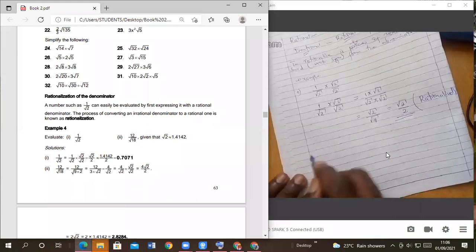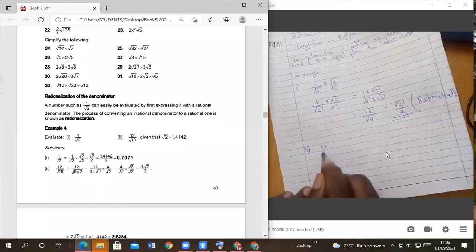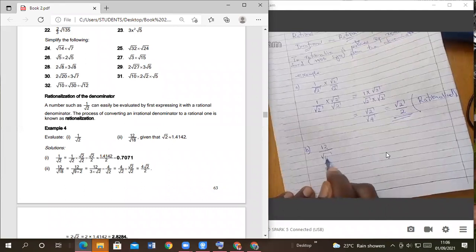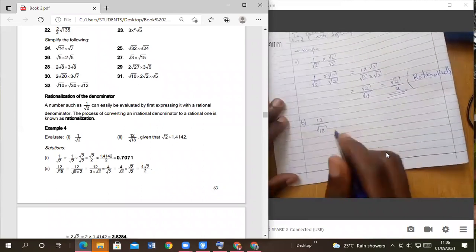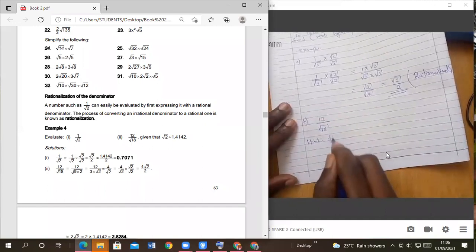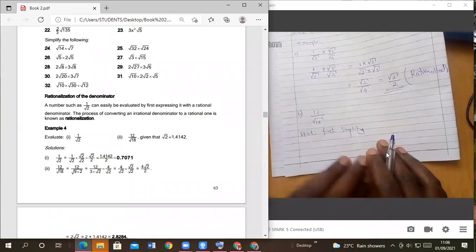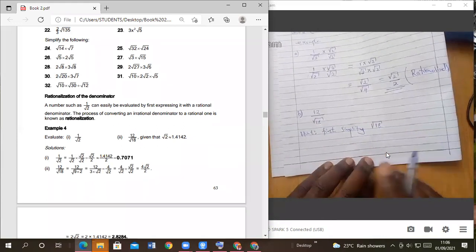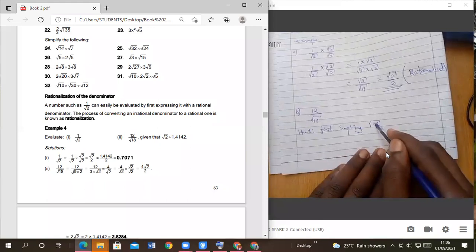Let's look at B. In B, they have given us 12 out of root of 18. Members, have you seen that? But before we rationalize, we first start by simplifying. First simplify root of 18, because this one can still be simplified.